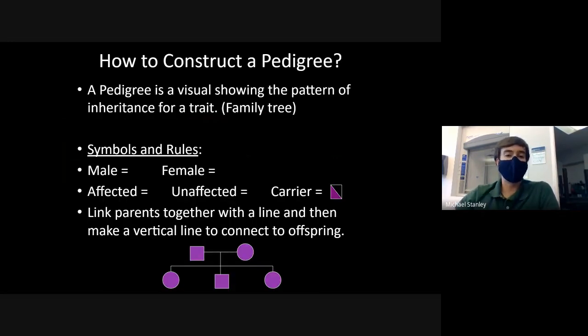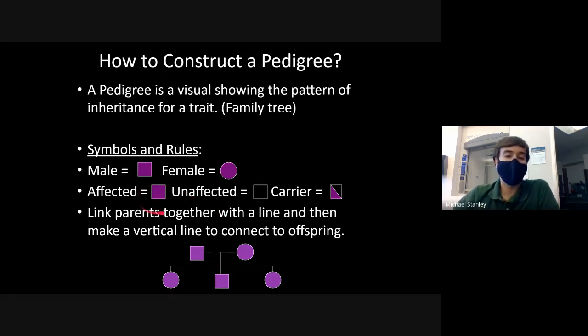So usually the pedigree works by having males represented by squares, females represented by circles, marriages represented by horizontal lines, and then their children in the next generation are the vertical lines.